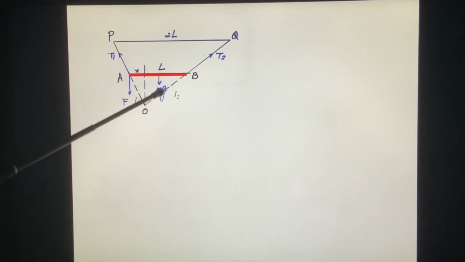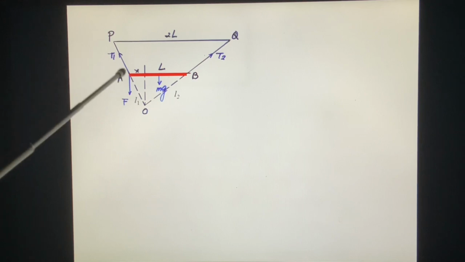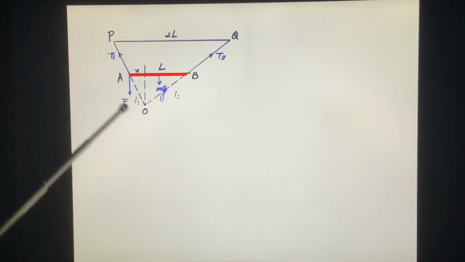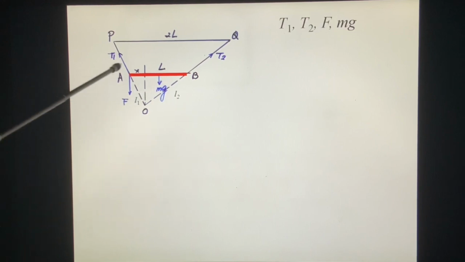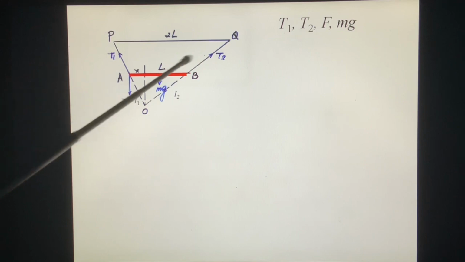What we're given is this rod. So similarly, we have to use sigma F equals 0 or sigma tau equals 0. In this case, there are 4 forces acting on AB: T1, T2, F, and mg. We don't know T1 and T2, so we try to avoid these two as much as possible. What we do is extend PA and QB.